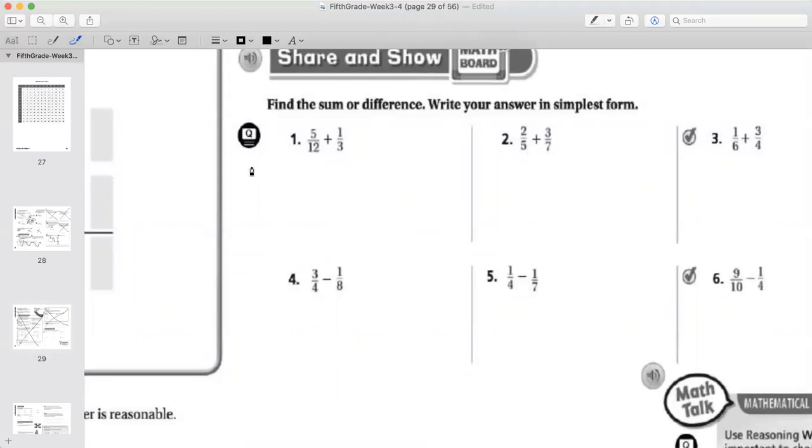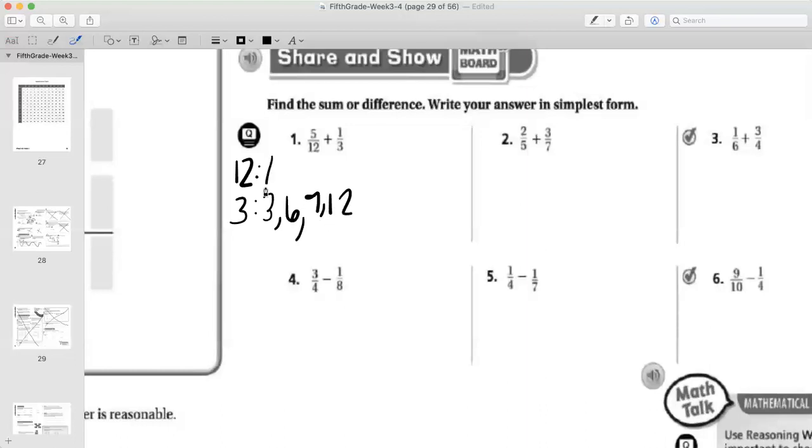So first thing you would do is list your multiples. So if I had 12, actually, let me see if I can shrink this somehow. Okay, so if I had 12 and 3, and I listed the multiples of these, I'd have 3, 6, 9, 12.